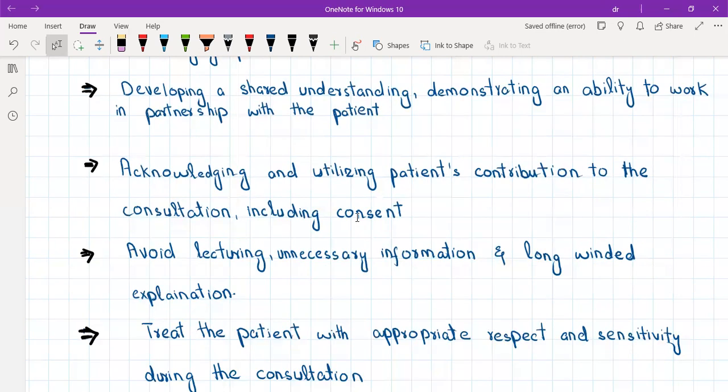Or, for example, a relative presents to you, and the patient has advanced dementia, and they say, doctor, my mom sometimes becomes aggressive and she shouts at me. Now, put yourself in the shoes of that daughter whose mother has all of a sudden altered personality, and she sometimes does not recognize the daughter and shouts at her.